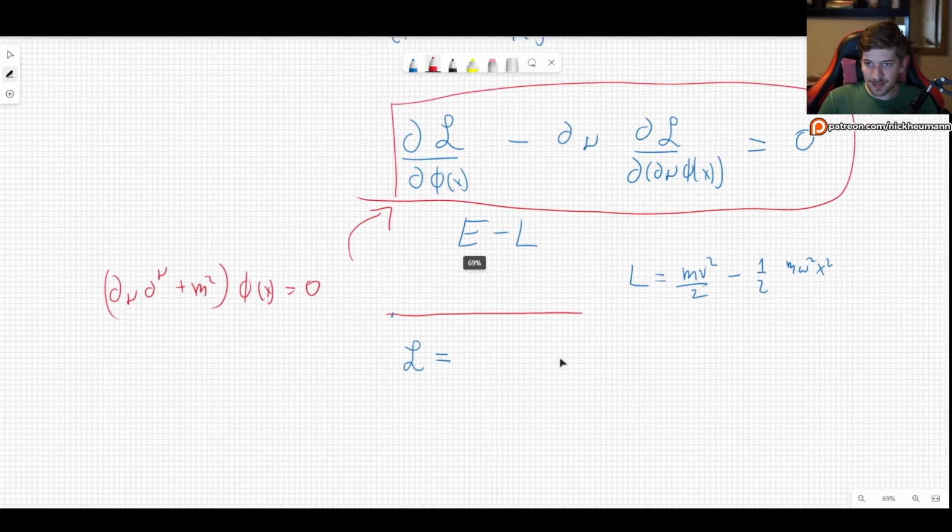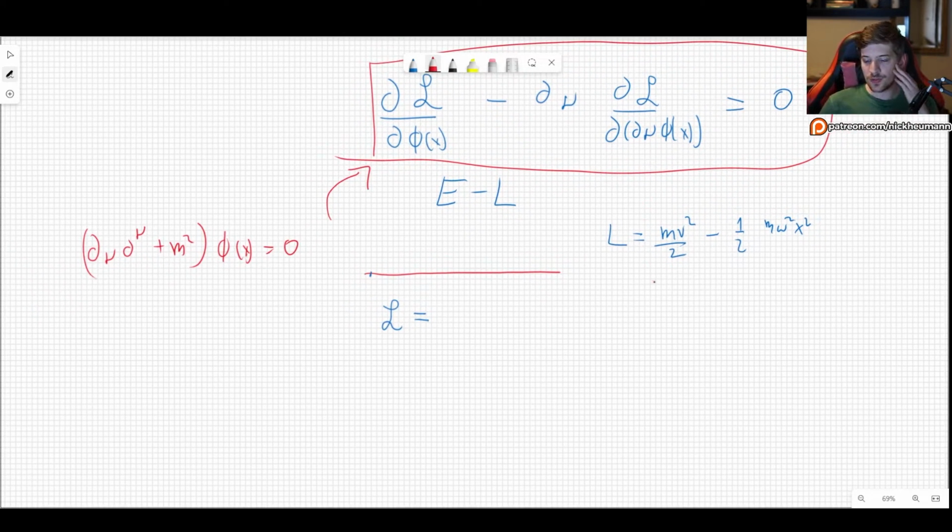So keeping that in mind, we could think of something like 1/2 of d mu phi d mu phi, and then minus m squared phi squared, divided by 2.